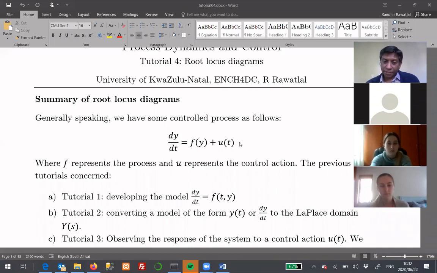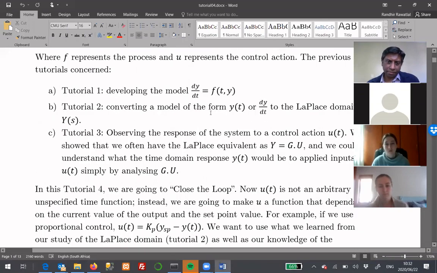So at least in the last session, u of t was some unspecified function. So that was just a step function or a sine wave function. So we gave ourselves the freedom up to now to just prescribe that time function. So that was what we did in the previous tutorials, right?